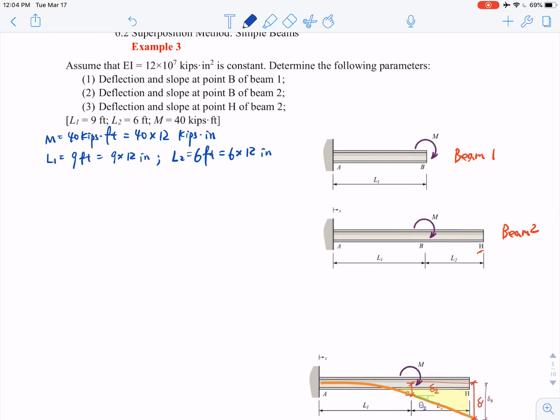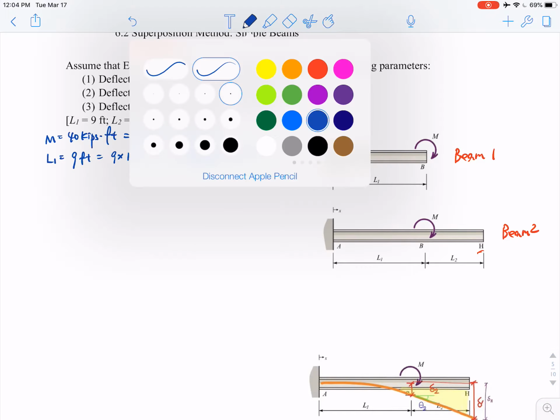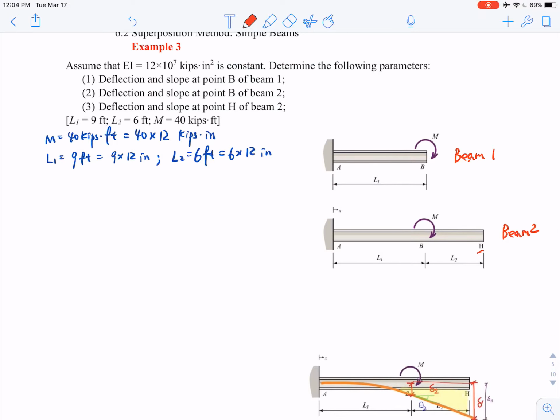Then we can start to examine these two beams. And the question number 1. Deflection and slope at the point B of beam 1. Beam 1 is right here. Right, it's not even a combined loading. You have only one cantilever and one concentrated load, that is a bending moment M at the free end.